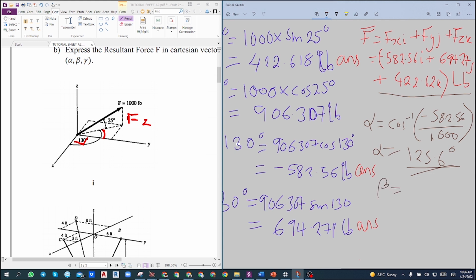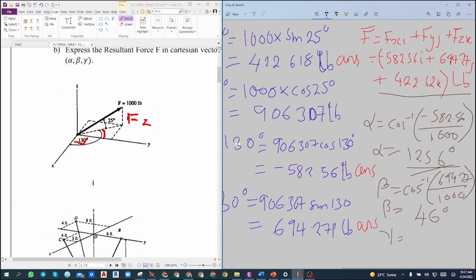Beta is equal to the same, cos inverse of 694.27 over 1000, which is equal to 46 degrees. That's your beta.